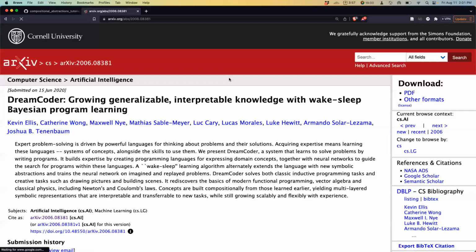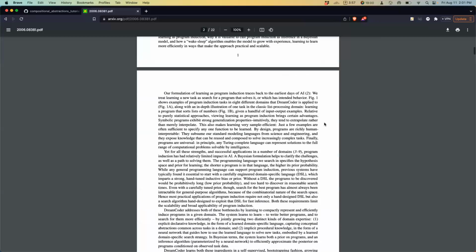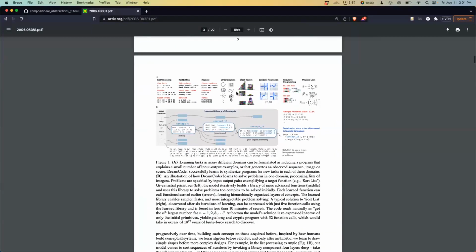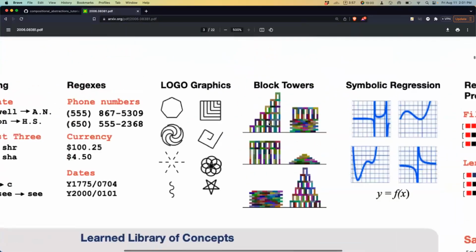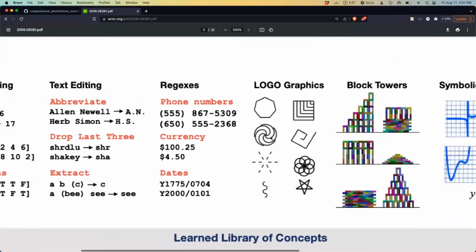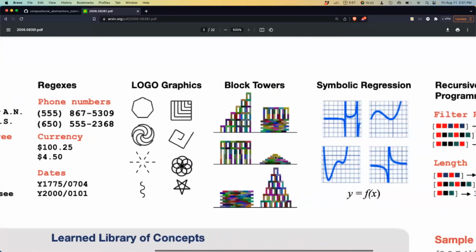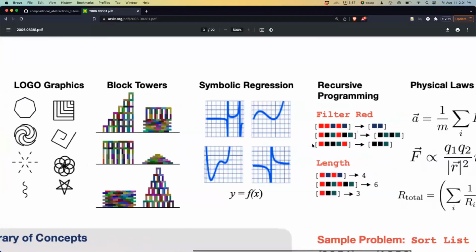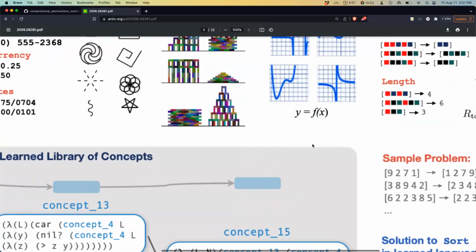So this one is DreamCoder. This was a nice big paper where the argument is that you can take various domains. Here are some towers, but here are some graphics, some plots, other types of things.